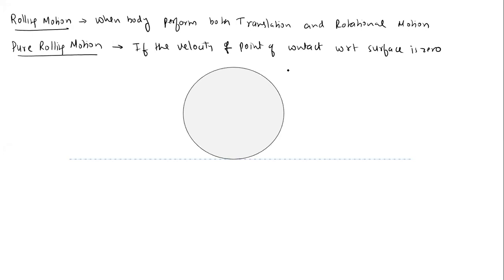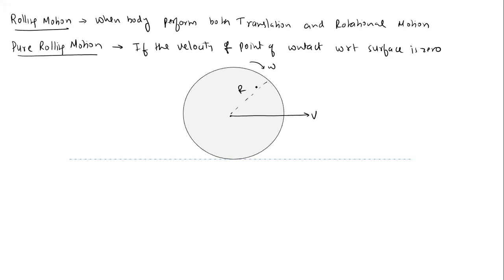Suppose that this is the body, it is moving with velocity v as well as rotating with omega. The radius of this body is r. Now this body can be any circular body. It can be your disk, solid sphere, hollow sphere, hollow cylinder, solid cylinder, any body which can roll.